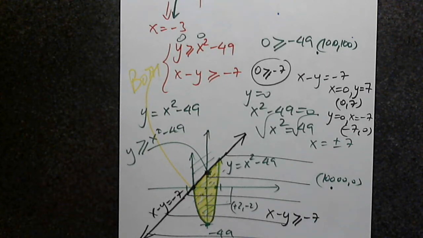Next problem, next question, anything you want. Find the length and width of a rectangle. Yes? Its perimeter, this is number 21.